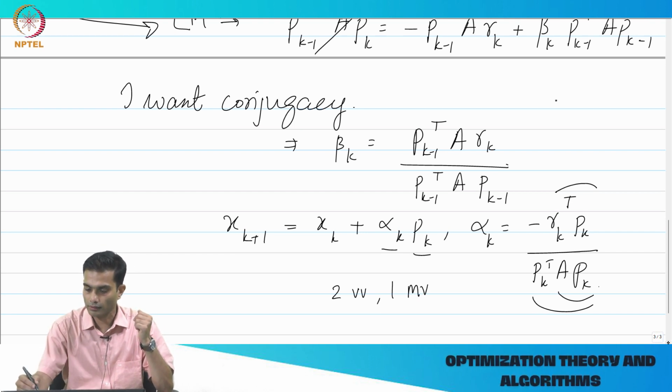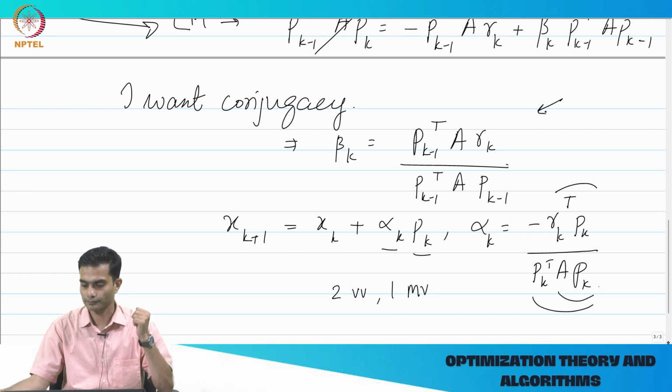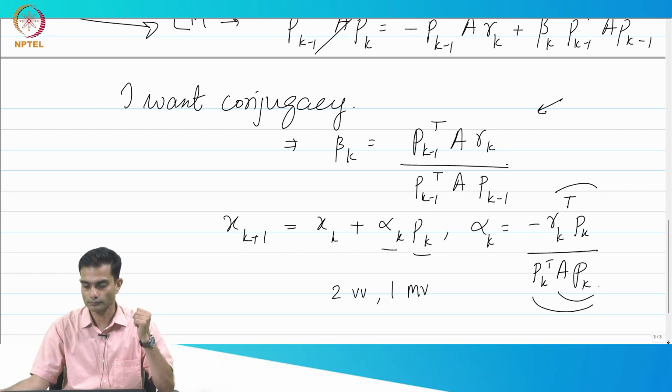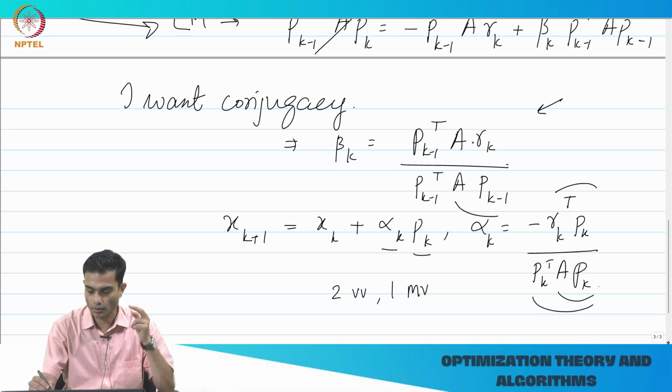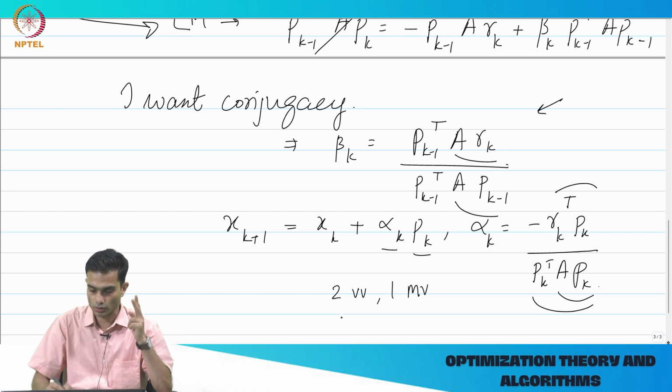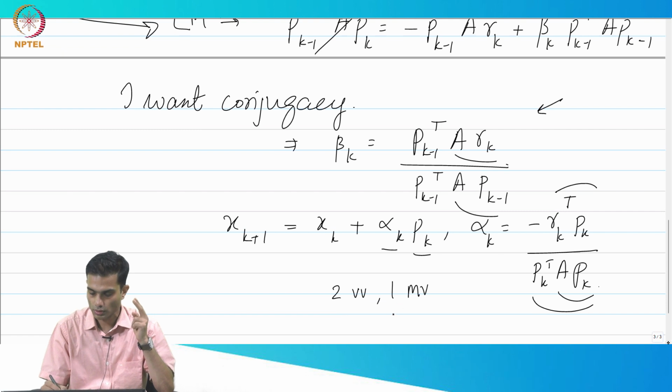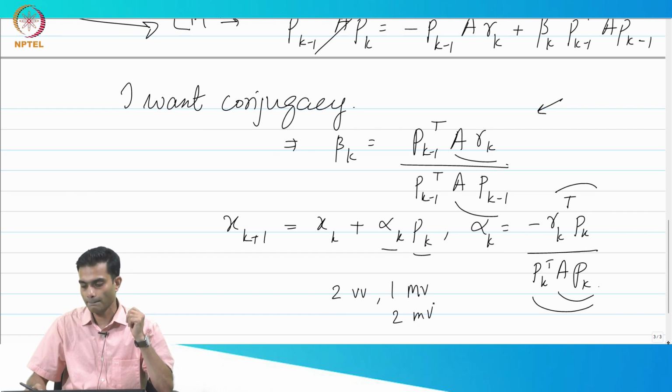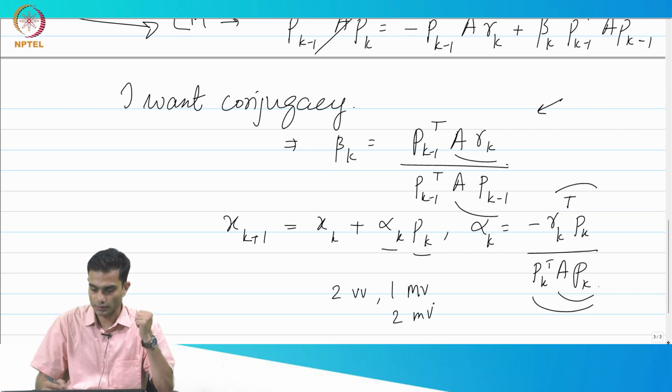Similarly, for calculating beta, what do I need? This is one matrix vector product, this is one matrix vector product, right? So in total two matrix vector products, followed by two vector-vector products.